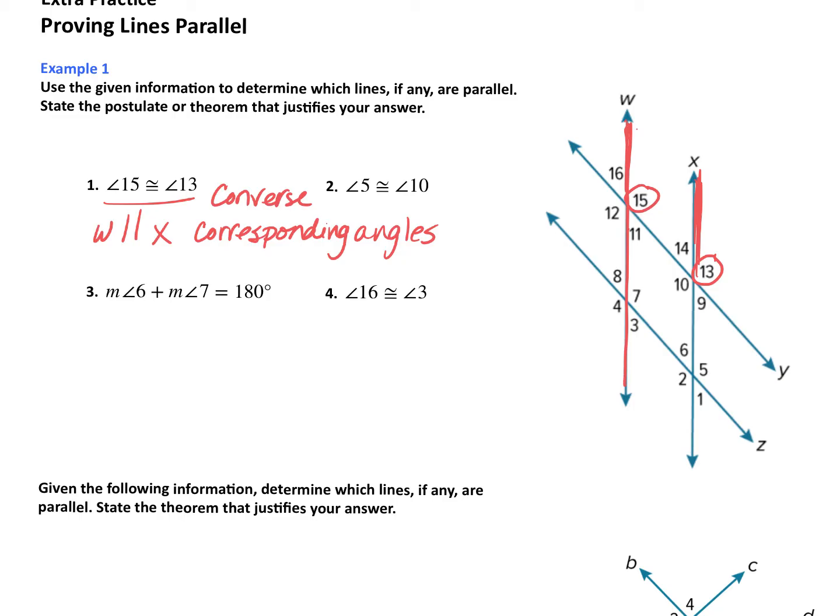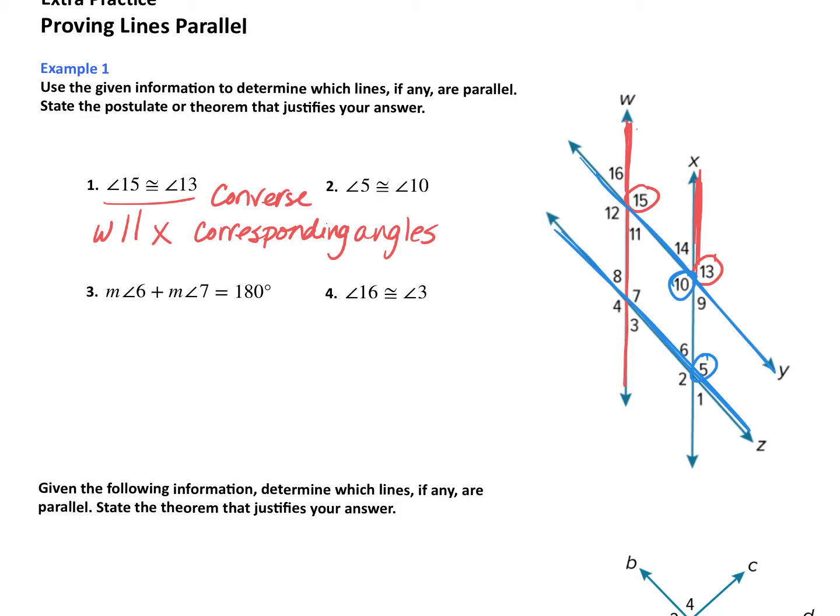Okay, let's take a look at number 2. We've got angle 5 and angle 10. You'll notice that here X acts as the transversal, and Y and Z are the two lines that these two angles sit on.